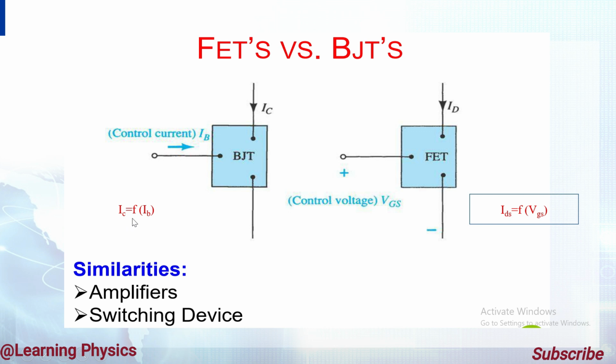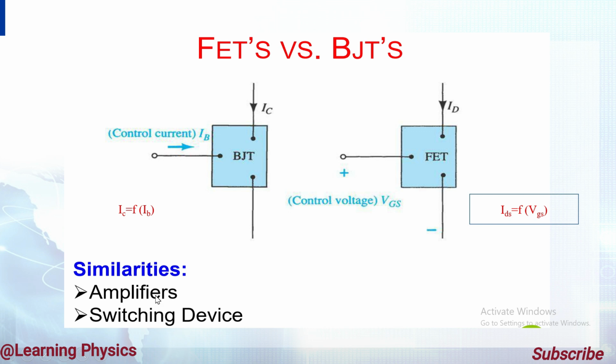Here IC is a function of IB, which shows that collector current is controlled by base current, and here is the formula for FET, where drain to source current depends upon gate to source voltage. And these are the similarities.